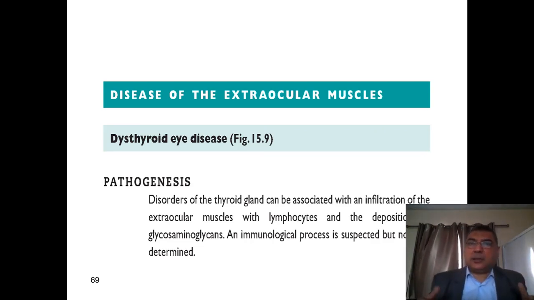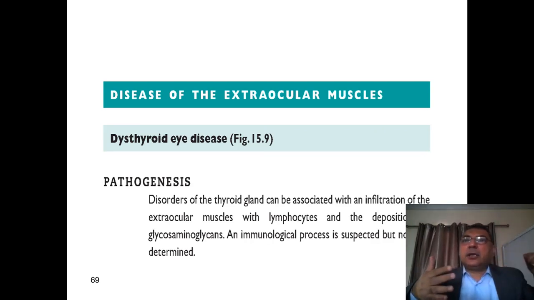So our example, the same example, a patient with right esotropia 15 degrees, but at this time, this patient is having a long history of a thyroid gland disease. So we diagnose as a dysthyroid eye disease. But in this patient, there is right esotropia 15 degrees.